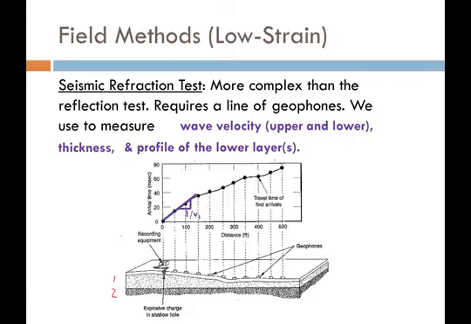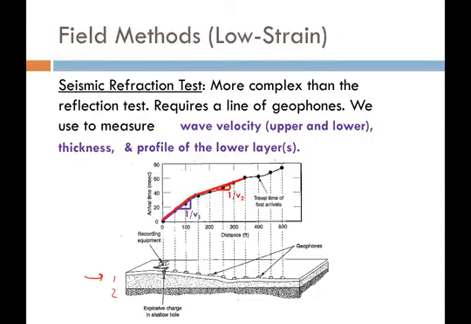So what we're going to do is take this plot of our arrival times versus our distance, and we're going to draw some straight lines. The first straight line here, the slope of that line is going to be essentially the inverse of the propagation velocity for layer number 1.